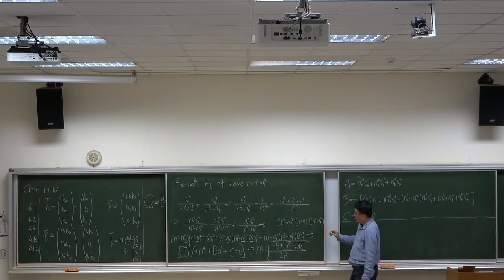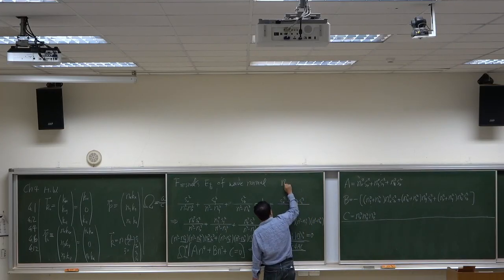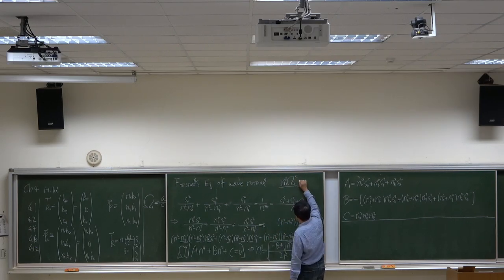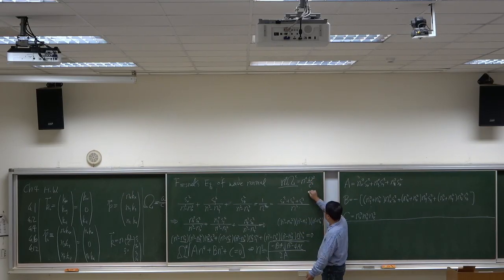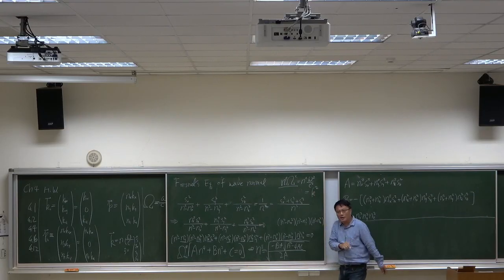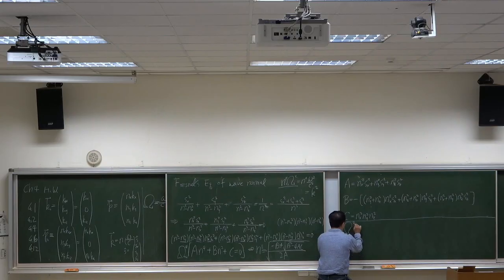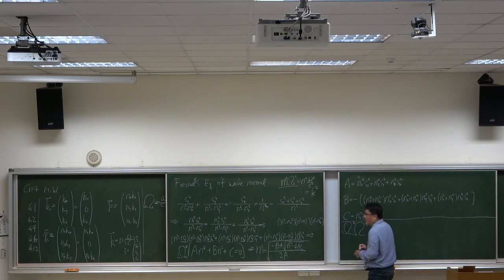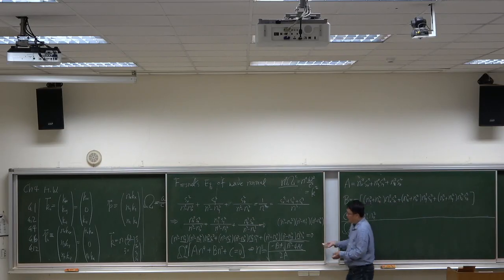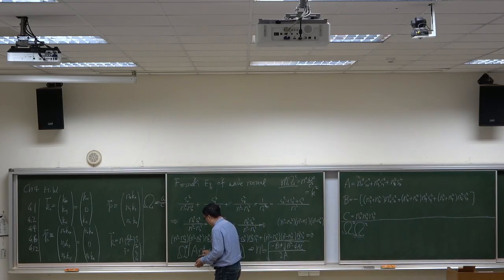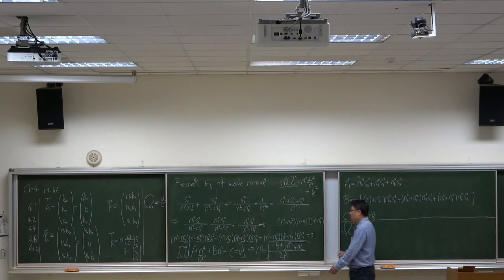Note that when we encounter n squared times omega squared, this is just n squared times omega squared over c squared, and this is nothing but k squared. We can treat the fourth power of omega as omega squared times omega squared, and the fourth power of n as n squared times n squared.